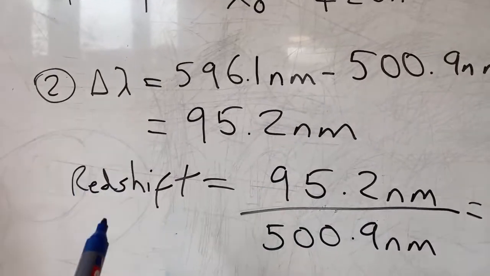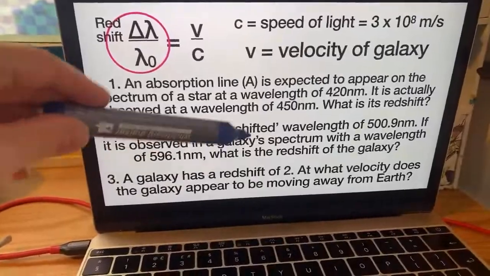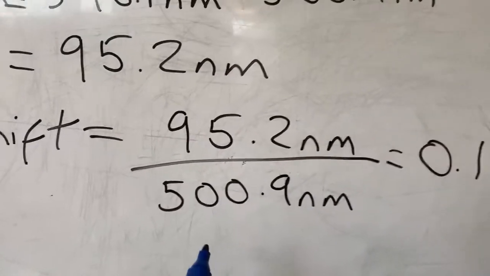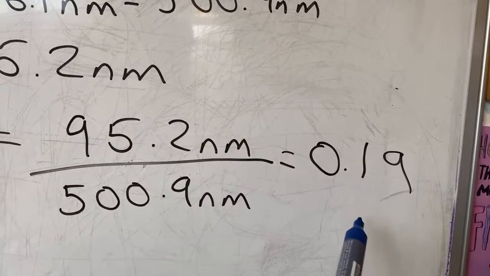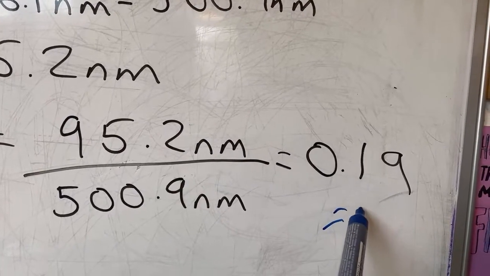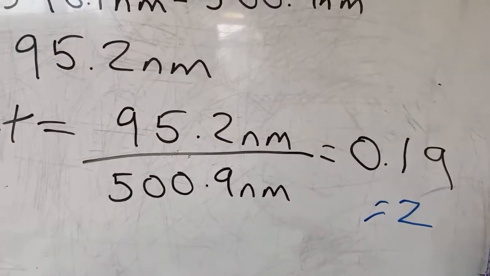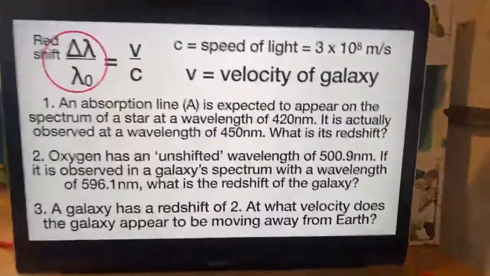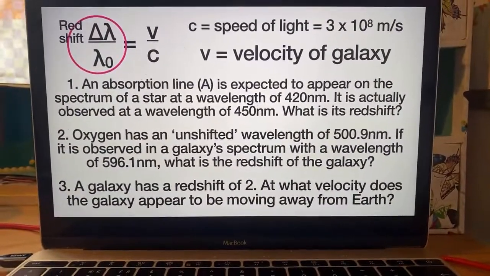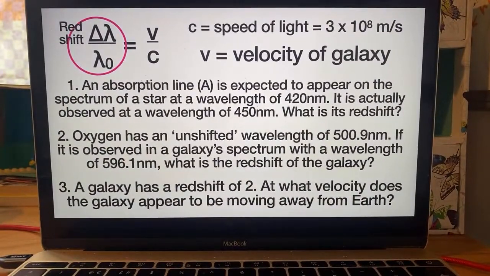And so then again, the redshift is that divided by the original wavelength, which is the unshifted wavelength. So the answer was 0.19. It's so weird, not having units. Okay, I'm going to put equals Z. That makes me feel a bit better. And this last one, I've given you a slightly surprising result.